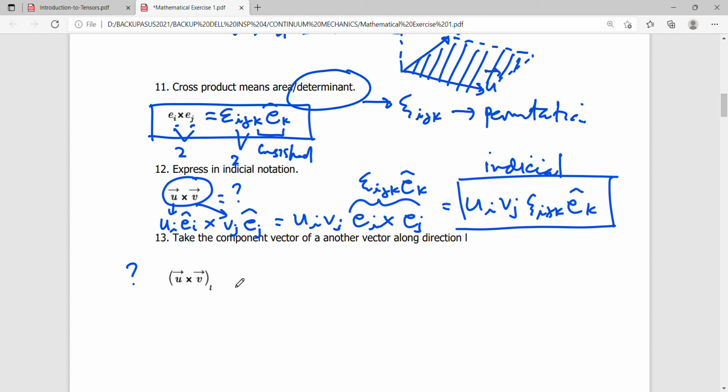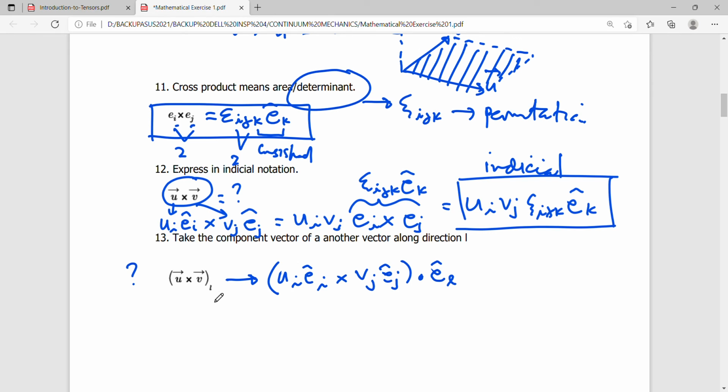This is simply equivalent to a component of another vector along the direction L. So this is U_i e_i cross V_j e_j, and then projection means you dot it with e_L.